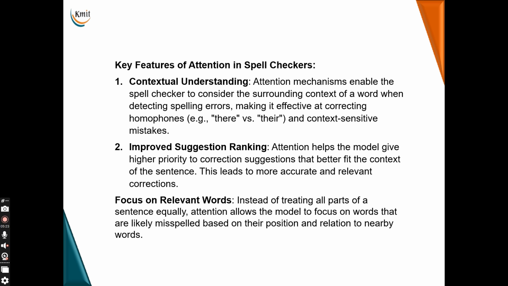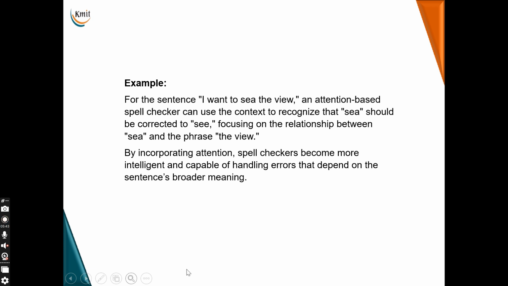So what it will do is, instead of treating all parts of the sentence equally, the moment you give attention to the model, it will try to see the misspelled word based on its position relative to nearby words. I will show you this with an example also. Say, for example, you have a sentence like this: I want to see the view.